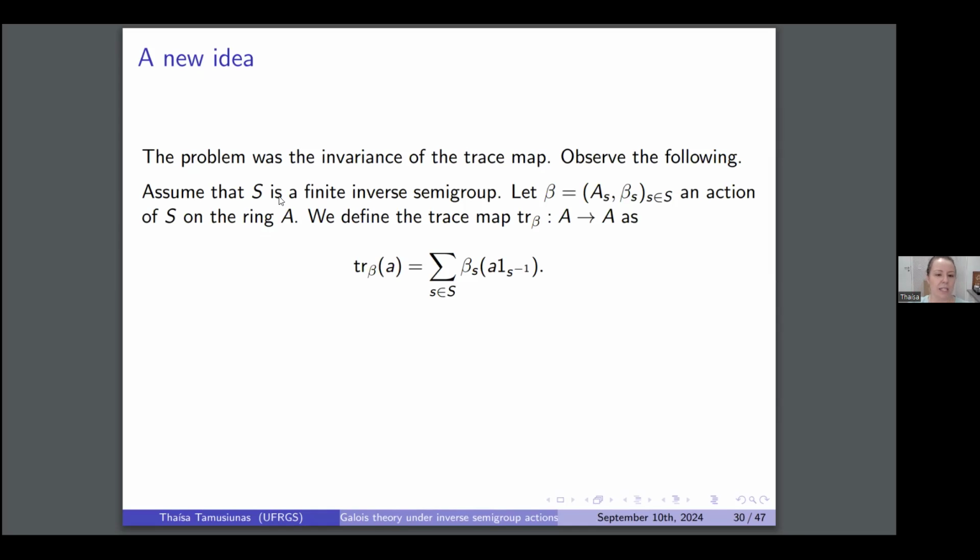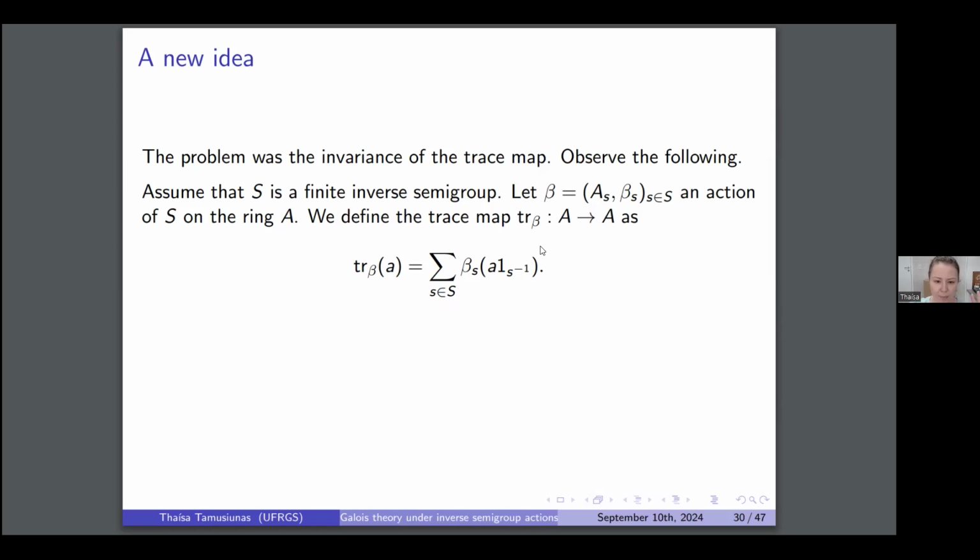We are still in the context that S is a finite inverse semigroup and beta is an action of the inverse semigroup on a ring A. And the trace map is defined as the map which for each element a, we have the sum over all elements s in S of beta_s applied on a 1_{s^{-1}}.